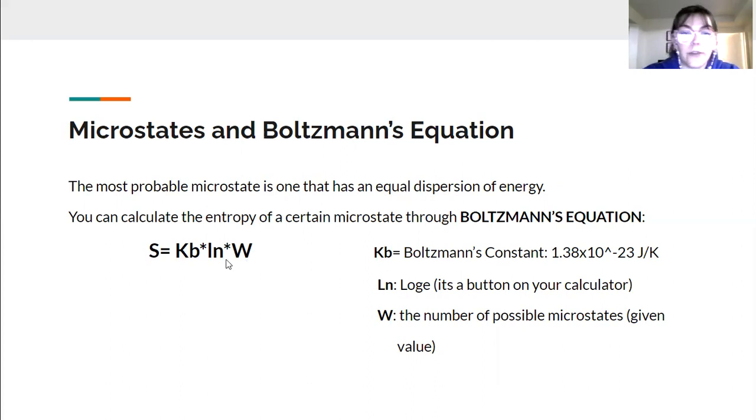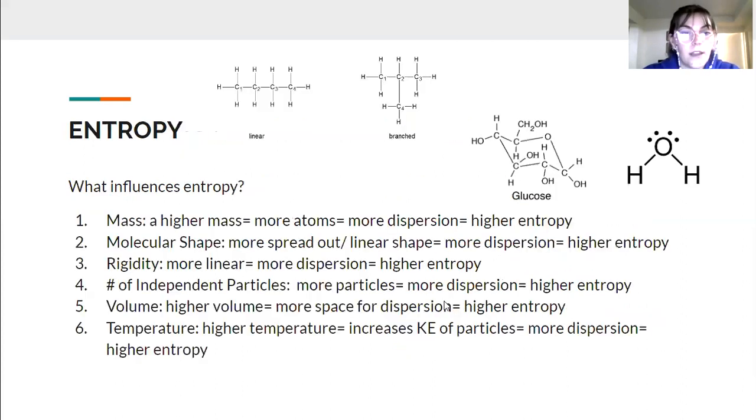So the entropy of that reaction would be Boltzmann's constant times the ln of 5. And this value will be given to us whenever we're using Boltzmann's equation.